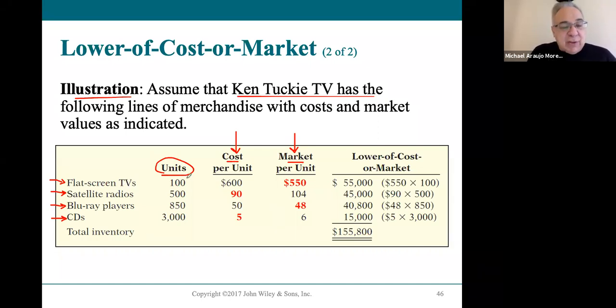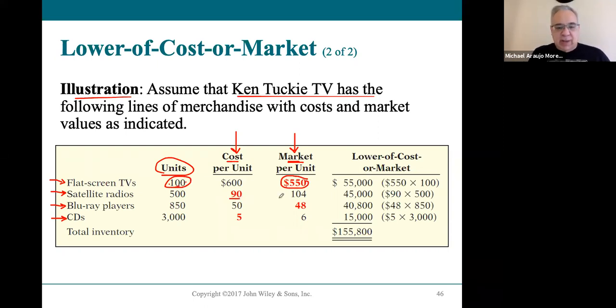So here you have flat screen TVs. You have 100 of them in inventory. And as you see, the cost was $600 per TV. But if you replaced it today, the market would bear $550 per TV. That's what you would replace it at. So you're going to use the lower of those two numbers. The $550 is going to be the value of the televisions that you would have in inventory.